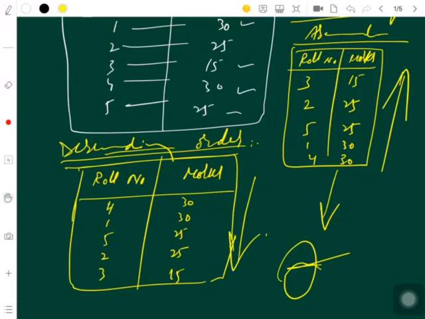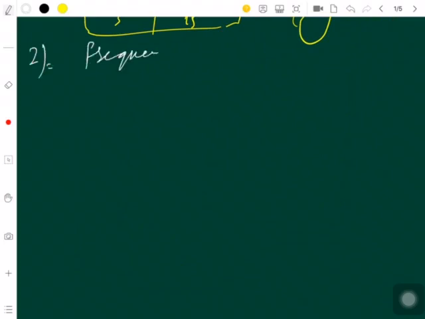Second thing for us is frequency series. What is frequency? Exactly, the number of times a particular element is repeating itself. It is of two types.